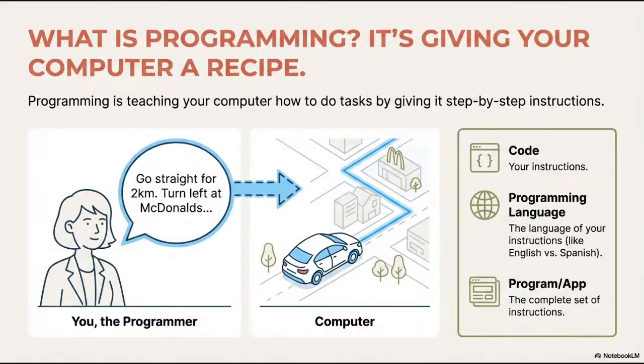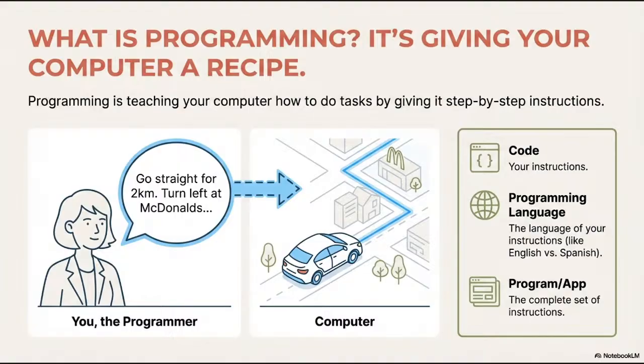For a real life example, you can think of programming like GPS directions. Okay, so you, the programmer, say: go straight for 2 kilometers, then turn left at McDonald's. If there is traffic, then take the next right, like that.